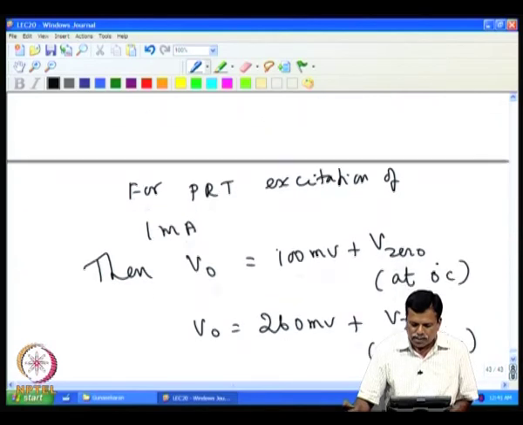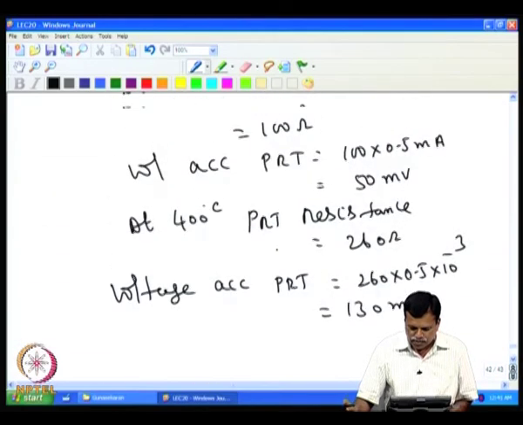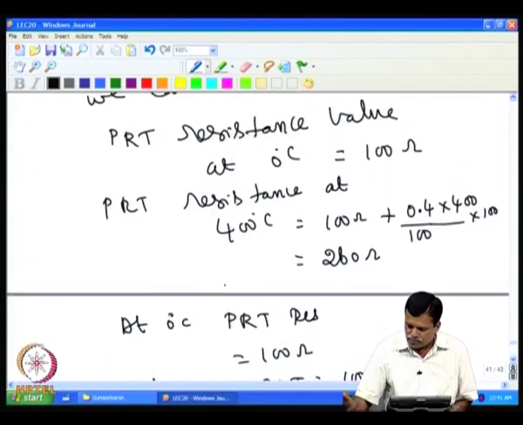So, we will get the V0 here depending upon the current that we have selected.